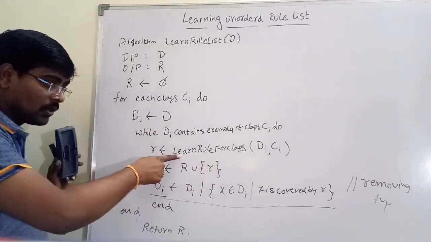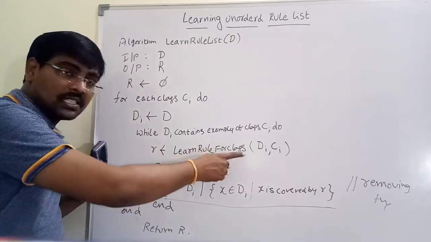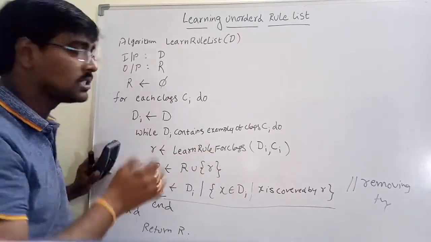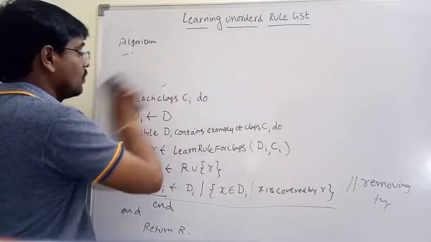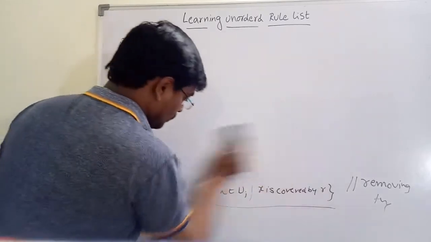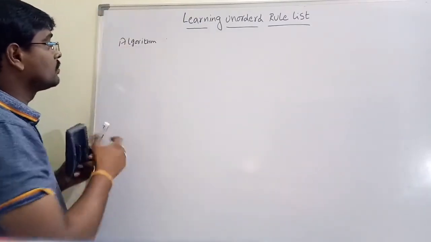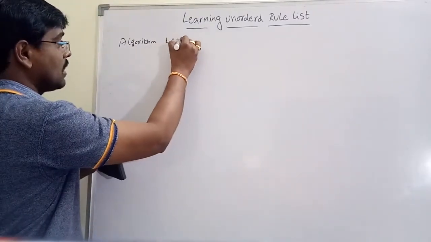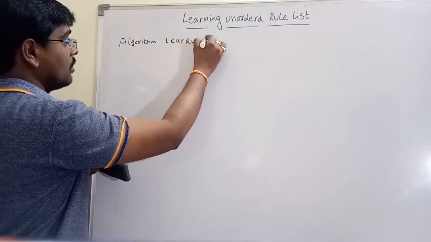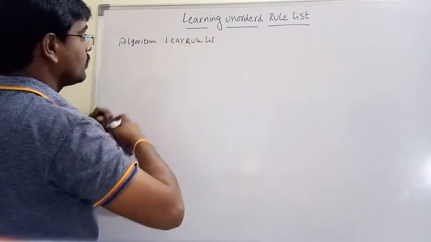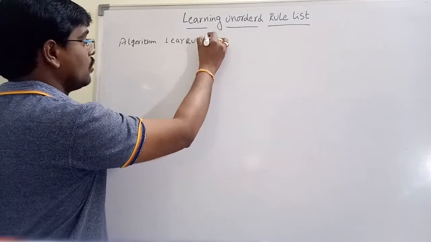Now we will move to the second algorithm. This algorithm is how we define a single rule. Suppose the algorithm name is learn one rule for class.